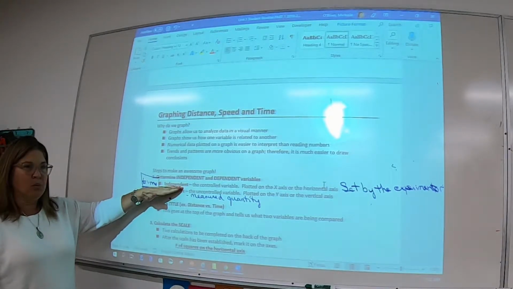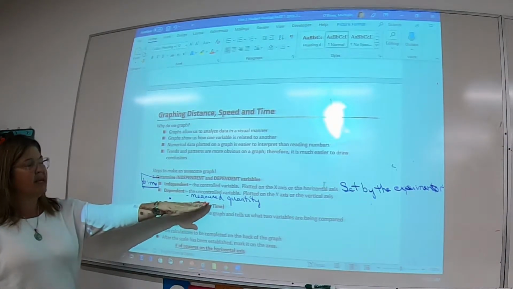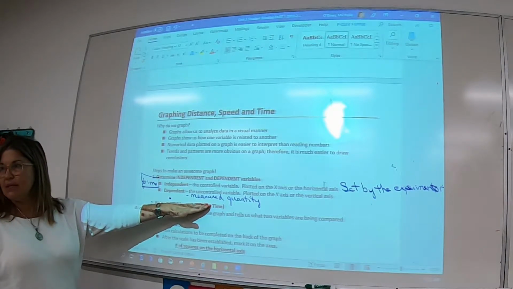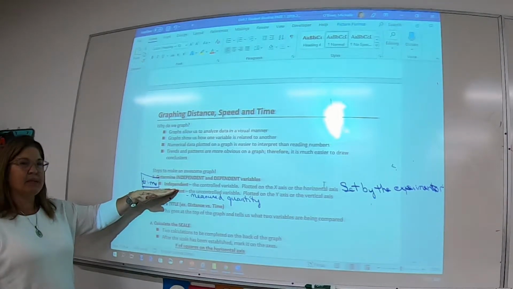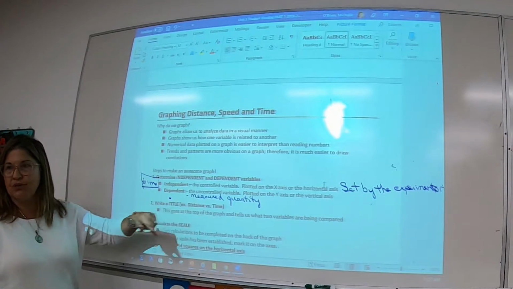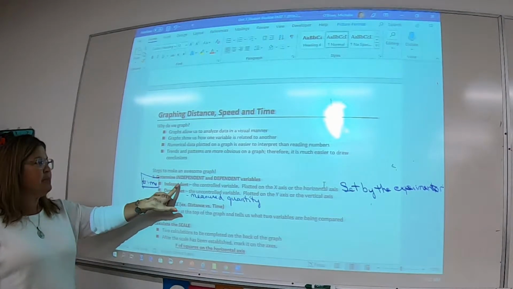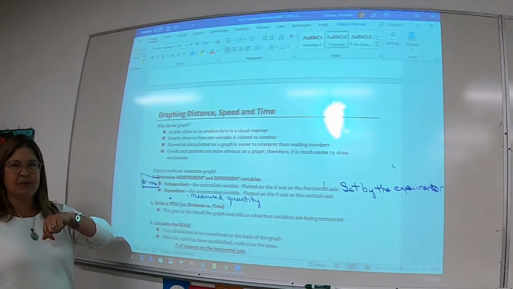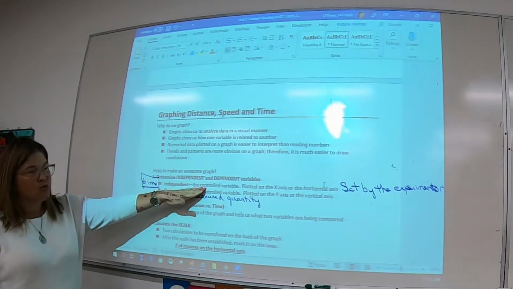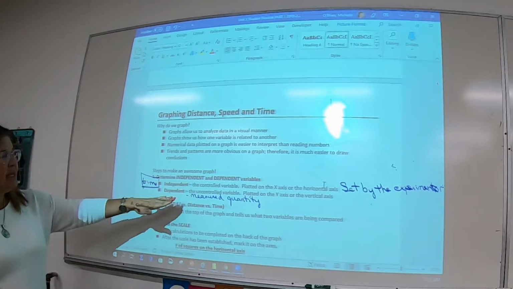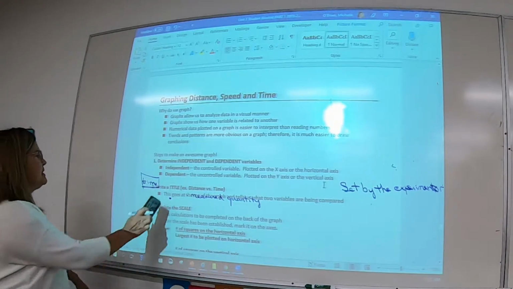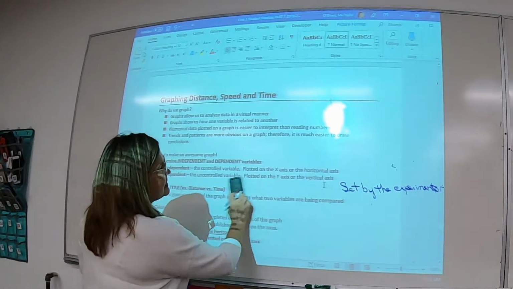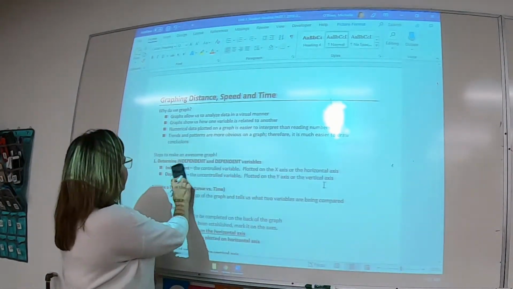And so 1 second happens, and then I measure distance. 2 seconds happen, and then I would measure the distance. So independent is set by the experimenter. It is the controlled variable. Dependent is your measured quantity, and it is the uncontrolled variable.